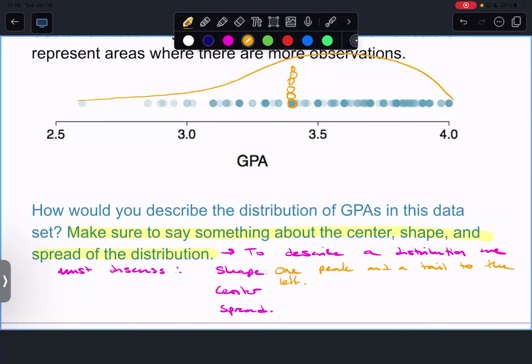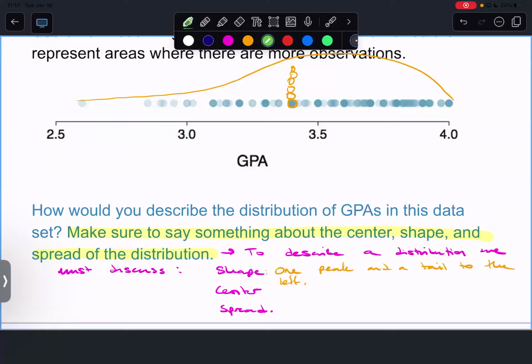In terms of the center, it's really difficult when you've got just different colored dots to deal with. Our brains don't work that well. We're going to have better tools. But in general, you want to think of this as kind of a balancing scale. So where would the balancing point be? Well, only because I happen to know what the mean is, the average, which is the center.